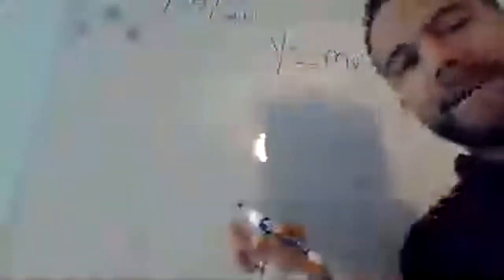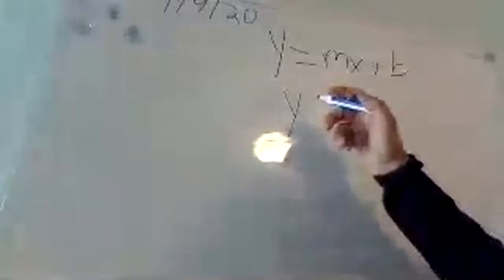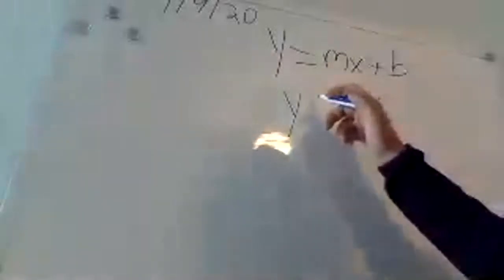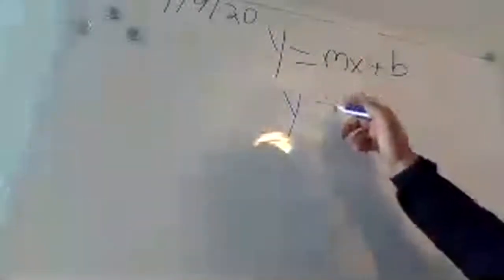a sample problem. This one, I'm going to give to us in perfect slope-intercept form. We don't have to move anything. So let's say y is, let's just say, greater than 5x plus 3.